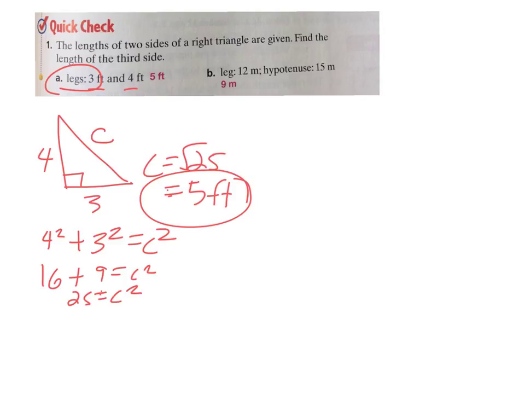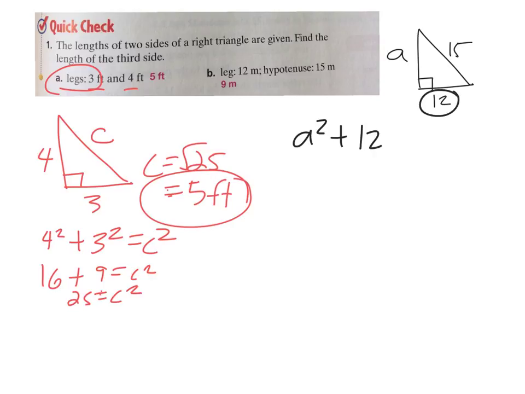Okay, so on this next one, I've given you the hypotenuse and a leg. So we'll draw a picture here. My right triangle. I've given you a leg of 12, the hypotenuse of 15 meters, and it's going to be A or B, doesn't really matter, that I'm going to be solving for. So that means we're going to have A squared plus 12 squared. Again, the legs go here, A and B, equals 15 squared.